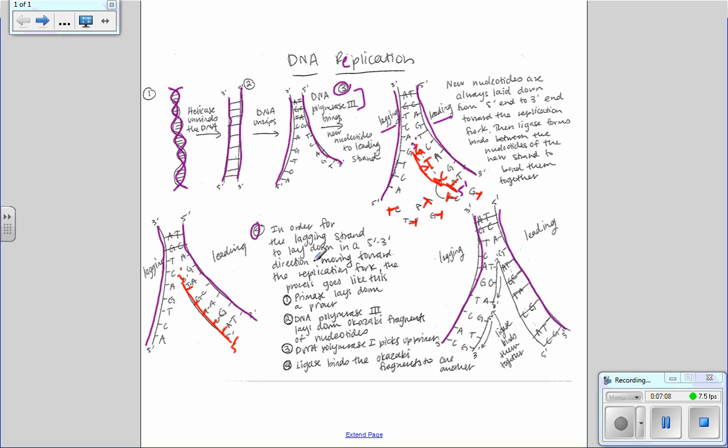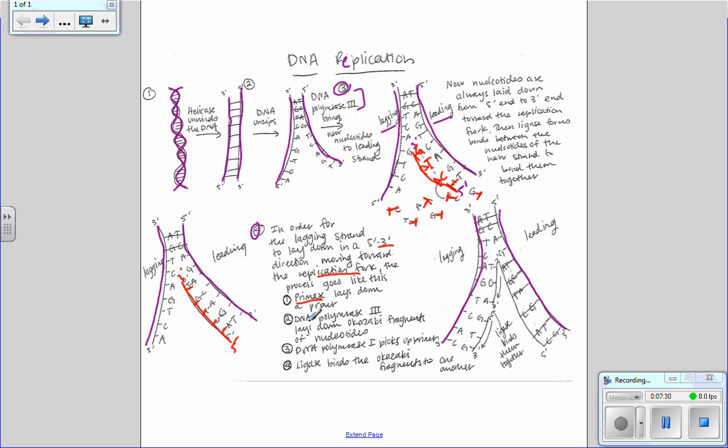In order for the lagging strand to lay down in a 5 to 3 direction, moving toward the replication fork, the process goes like this. First off, an enzyme called primase lays down a primer, okay? And it's going to lay it down just a few nucleotides in.